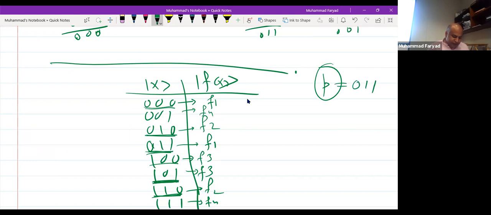But for this one, if I add 011 to 001, 1 plus 1 is 0, I get 0 1 0. So it was this, and this is not this. So it means that this is not going to work.